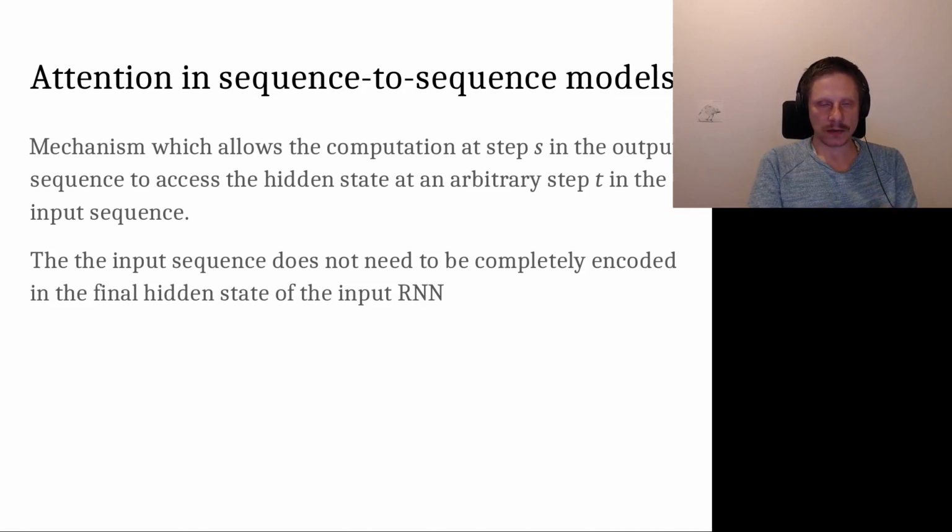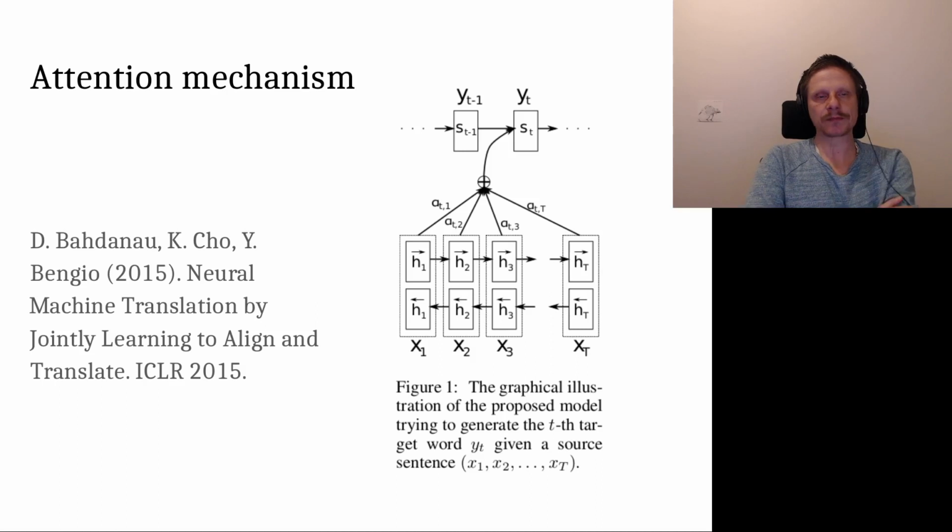This idea was first published by Bahdanau and colleagues in 2015, pretty soon after the initial sequence-to-sequence paper and others which worked with these ideas. The title of the paper was Neural Machine Translation by Jointly Learning to Align and Translate. And you will see that the word attention is not in the title of this paper.